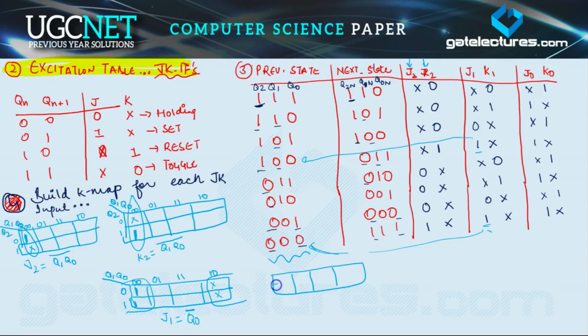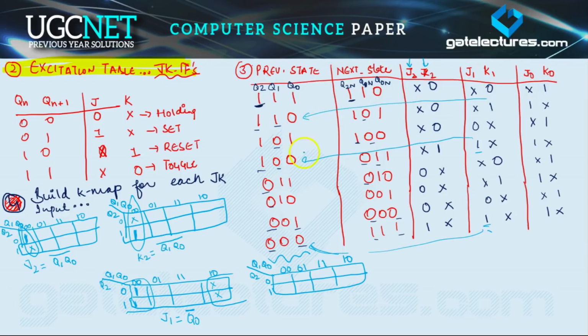So like this, Q1 and Q0, and this is Q2. Here also write Q2. Now this is 0, 0, 0, 1, 1, 1, 1, 0, and this is 0, 1. Now search where the K1 values are 1. So here, see the corresponding previous state values.